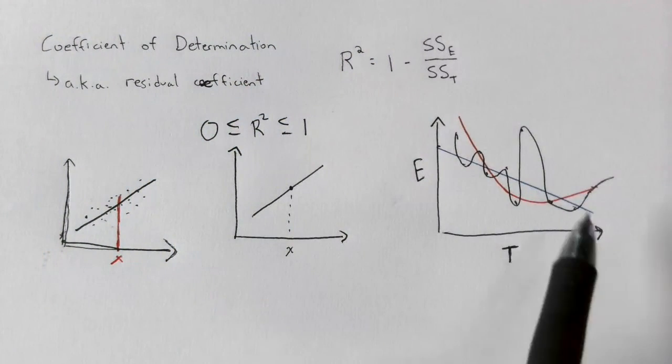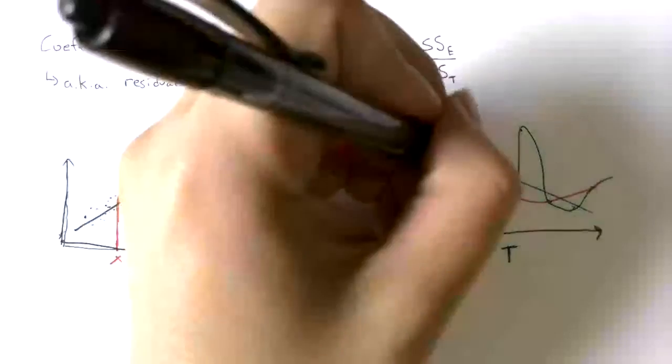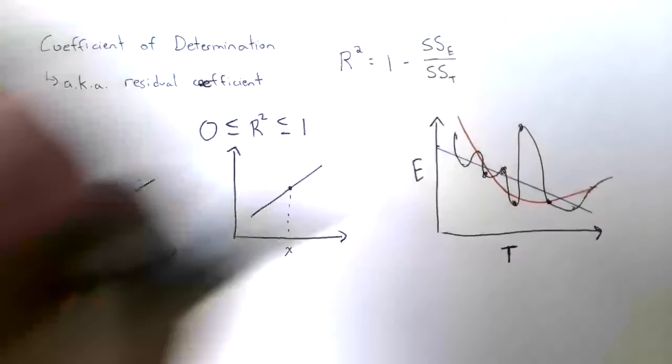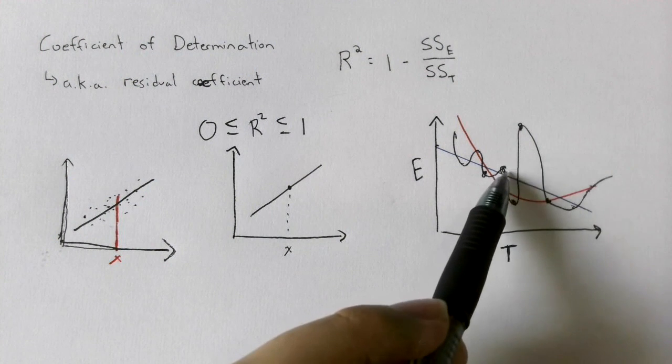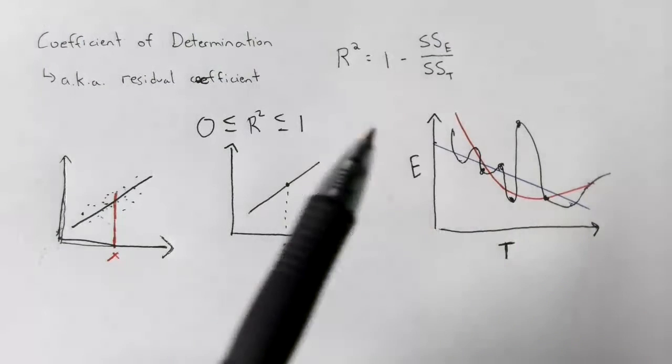And if we calculate the R squared value for a curve like that, a curve that passes through all of our data points, then you know that there is no error sum of squares because the value minus the regression value is 0. So 1 minus 0 is just 1.